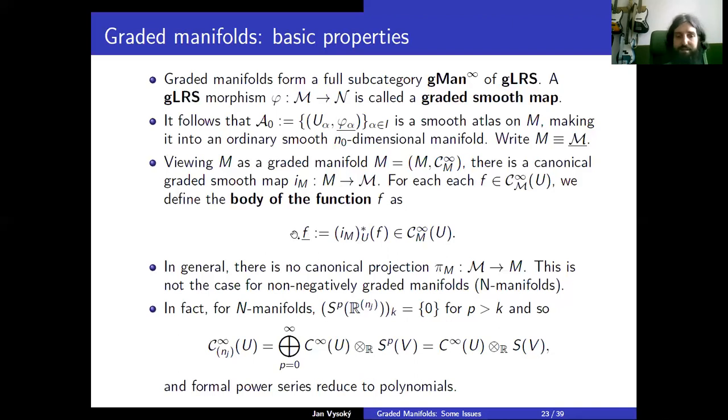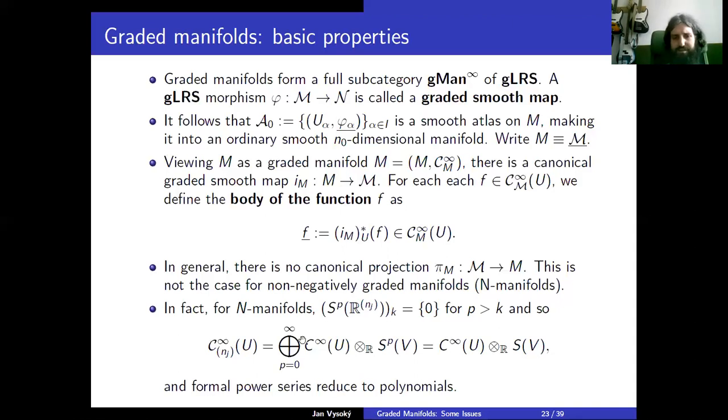But interestingly, there is no canonical map the other way around. So there is no map from curly M to M. So you cannot simply take an ordinary smooth function on M and pull it back to curly M. This is not possible canonically. And this is not the case if you are talking about non-negatively graded manifolds. There is a canonical projection, which makes them kind of trivial.